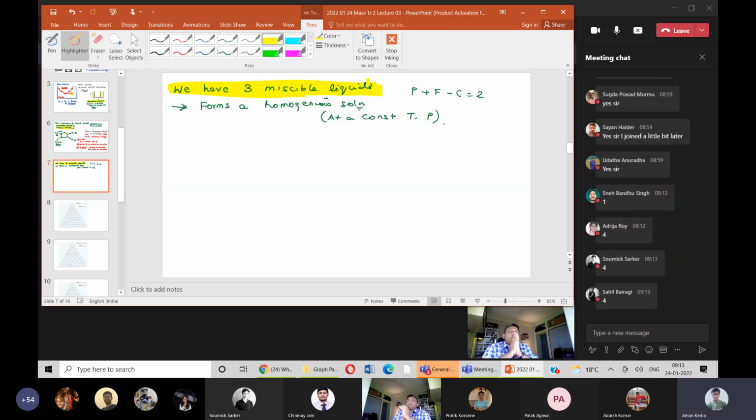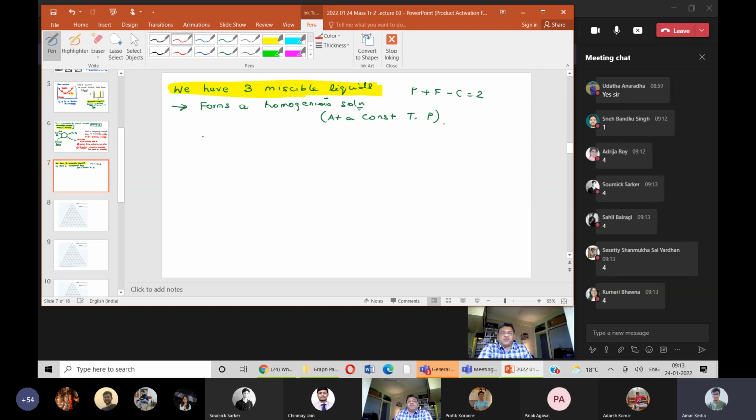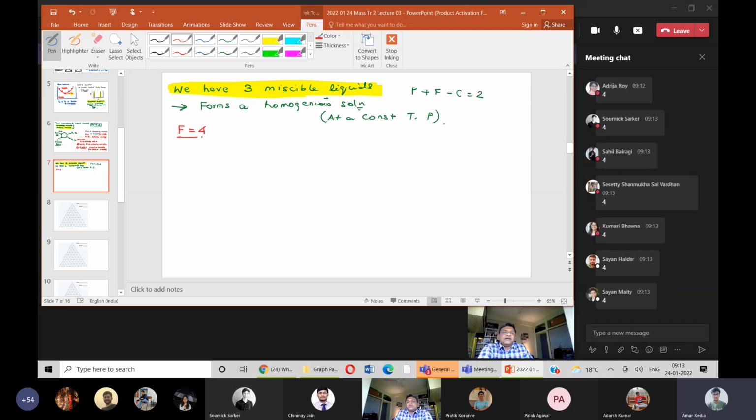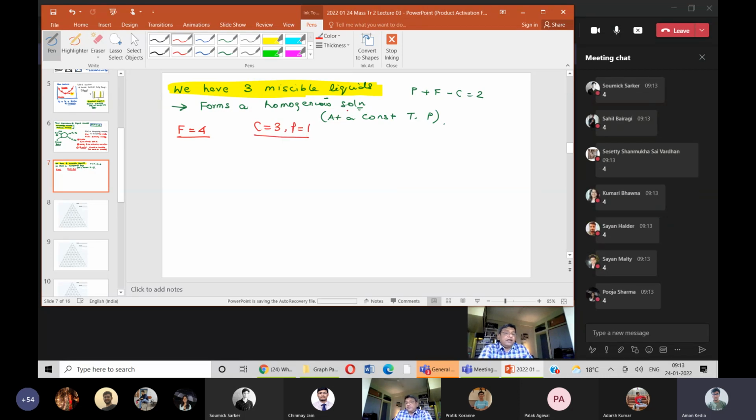Others, perfect. Show me. I don't know how you got that. It's going to be 4. F is equal to 4. Why? C is equal to 3. It's miscible, therefore P is equal to 1. If you plug it in, you are going to get F is equal to 4.